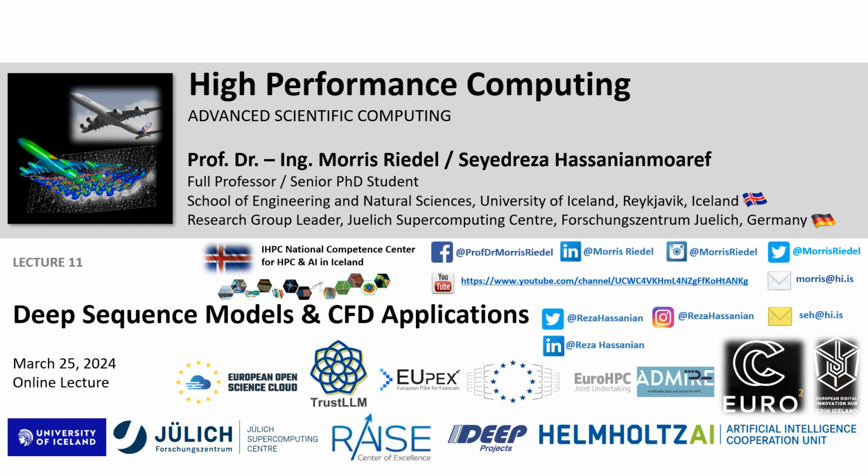Welcome back to the second part of the High Performance Computing Advanced Scientific Computing course, Lecture 11, Deep Sequence Model for Computational Fluid Dynamic Application. In the first part, we talked about the background and history of fluid dynamic and deep learning application, and also the long short-term memory variants from the recurrent neural network, and its capability to be used in the fluid dynamic area.